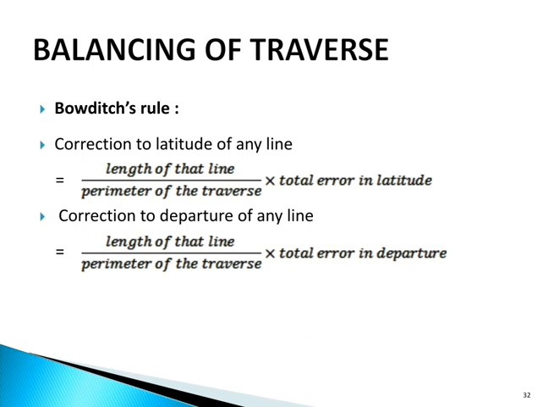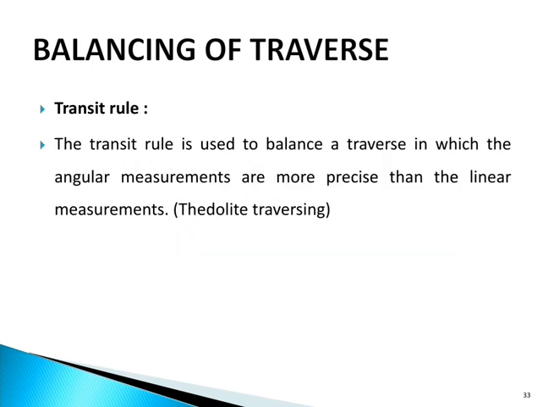Correction to latitude of any line is given by the length of that line divided by the perimeter of the traverse, into the total error in latitude. And correction to departure of any line is given by the length of that line divided by the perimeter of the traverse, into the total error in departure. Be sure you write down all these equations as well, because they are also important for the sum, which we will discuss continually.